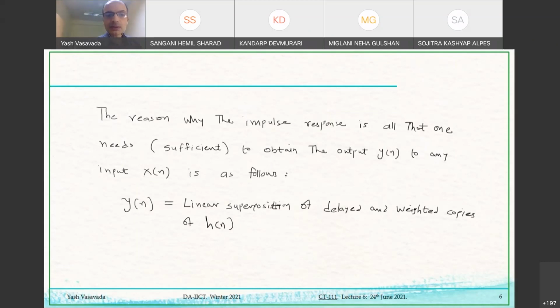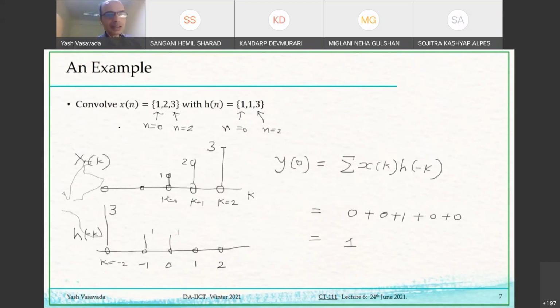So we remember we took this x of n as an example.